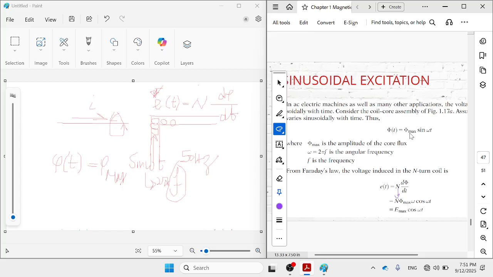So phi max is also there without changing. So sine omega t, omega comes out, correct? On behalf of sine, we should have the cosine, cos omega t. So Emax here is all this value: N, phi max, and omega.